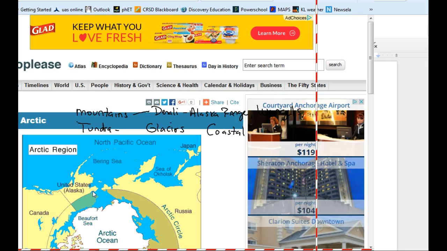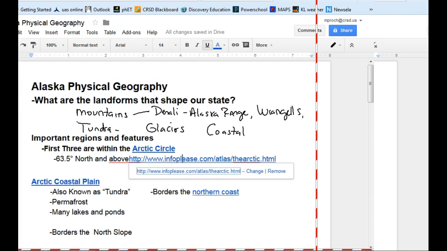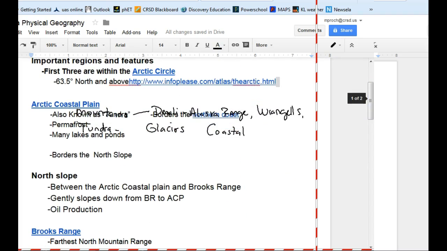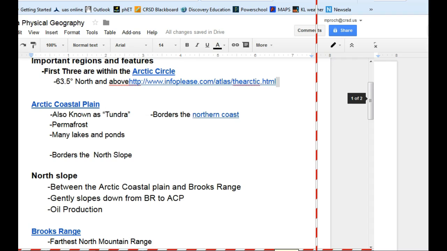So then if we go back to our notes and continue, the first one we're going to look at is the Arctic Coastal Plain.